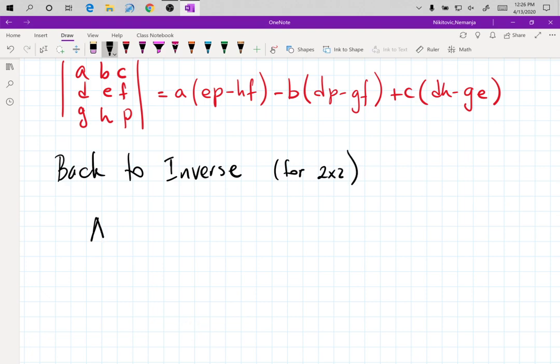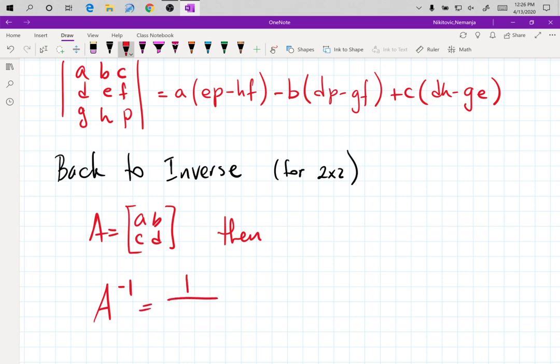We're going to say if A is equal to, well, now red again, if A is equal to A, B, C, D, then A inverse is 1 over determinant of A times D, negative B, negative C, and A.